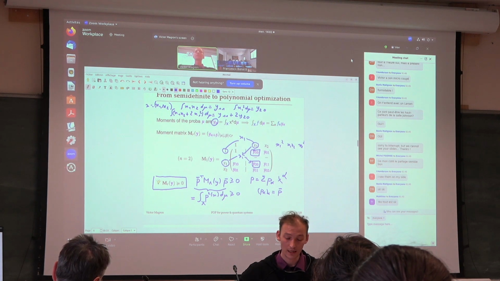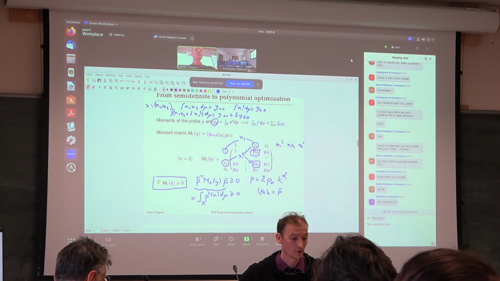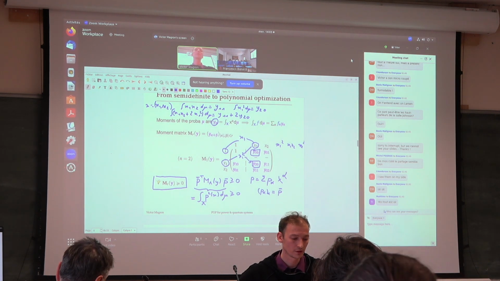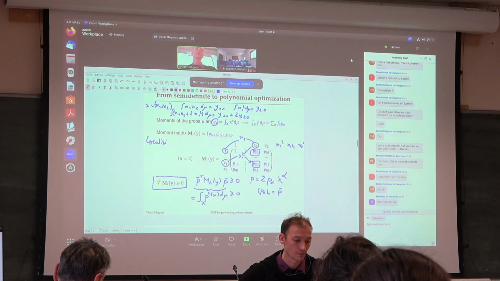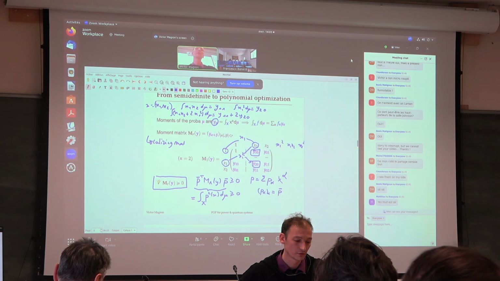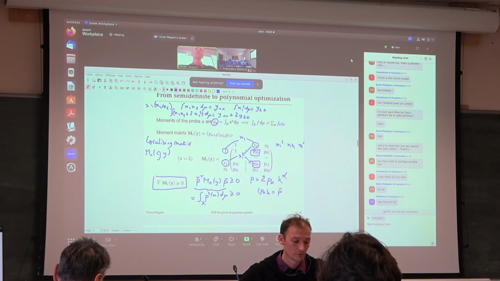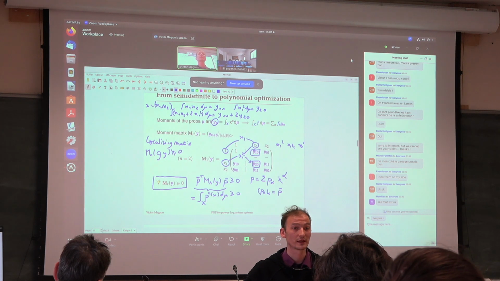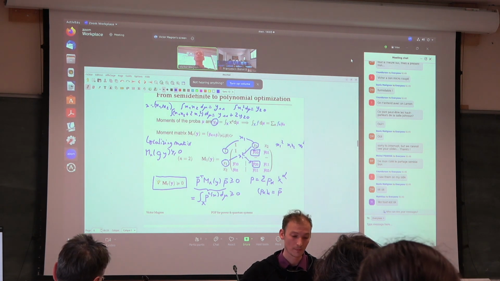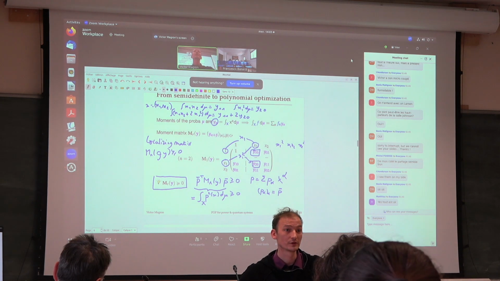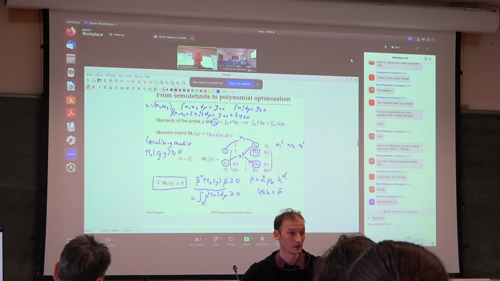Okay, and you can do the same for the constraints. So for the polynomials defining the constraints, you can build a so-called localizing matrix, but I will not bother you with the definition of this. And it also has the nice property of having non-negative eigenvalues. Okay, so if you have a measure, then you must have this. So these are necessary conditions.